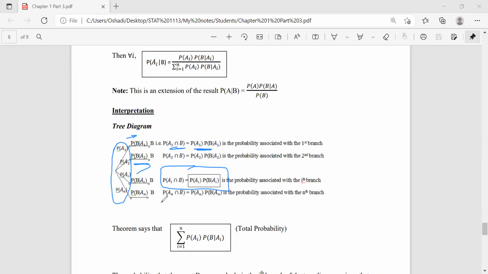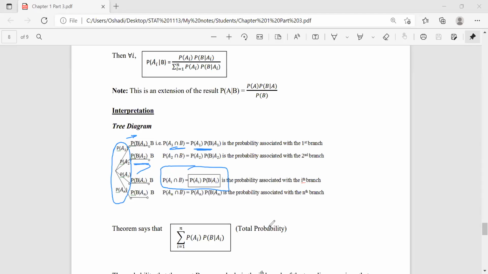So we can obtain the total probability by adding up all the probabilities, right? There are n number of ways for B to occur. So adding up all the values, we can obtain the total probability of the unconditional event B happening, right?